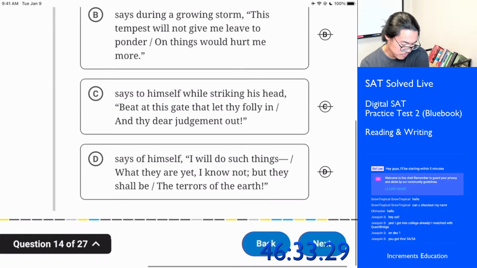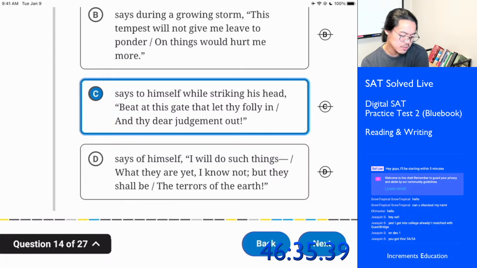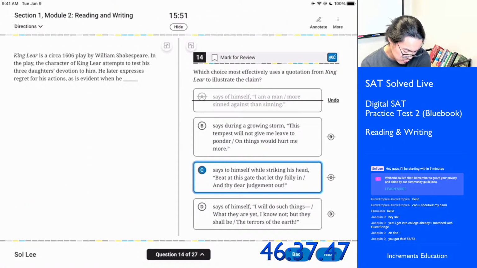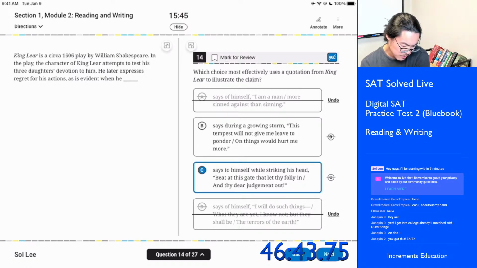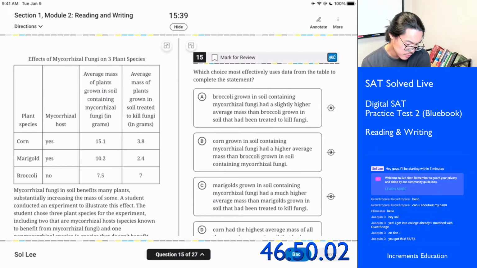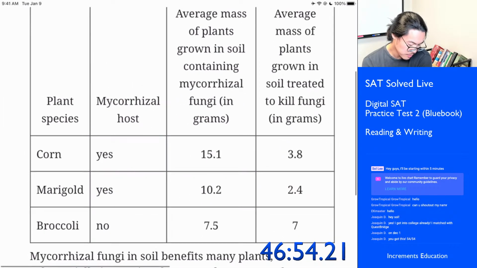Says to himself, "Beat this folly out." I was foolish. "This tempest will not give me leave." I'm being bothered, I'm being hurt. So we need to talk about his folly. That's the regret. Whew. Okay, let's keep going.